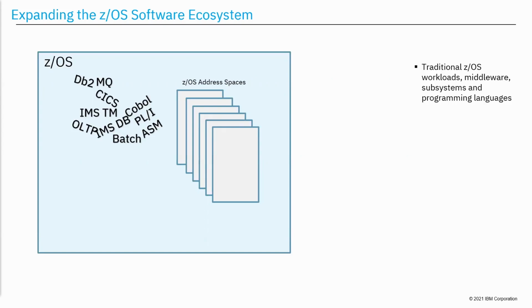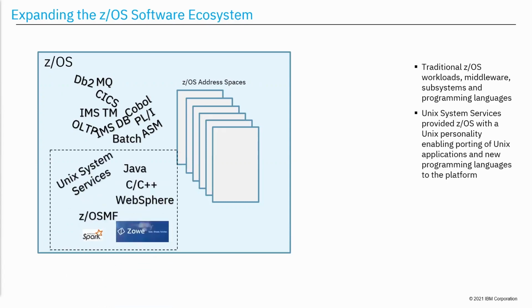Years ago, you had COBOL, PL/I, and assembler applications deployed either as a batch job or in middleware. That was the scope of the z/OS software ecosystem. Then, a number of years ago, we introduced UNIX System Services, which really transformed the types of work that can run on z/OS.